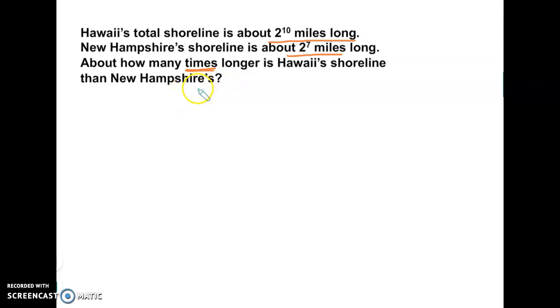All right, so let's do this one. To find this, we need to divide 2 to the 10 by 2 to the 7 to find how many times. Obviously we're dividing, so I can write this 2 to the 10 divided by 2 to the 7.